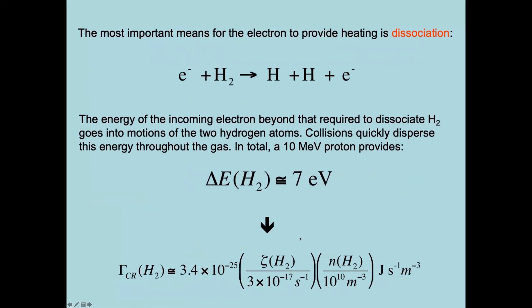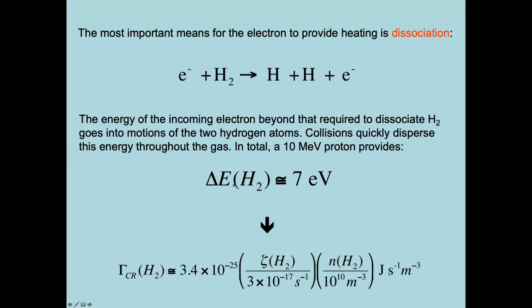and then you multiply that by the number density of H2. So how do electrons actually provide this heat? The secondary electrons can dissociate H2 molecules. They hit another H2 molecule, it dissociates, and the hydrogen atoms that are produced in this way contain some extra kinetic energy, because they are not using the whole energy to dissociate the H2 molecule. That is about 4.5 electron volt dissociation energy, but you can have several MeV of energy from the original protons.